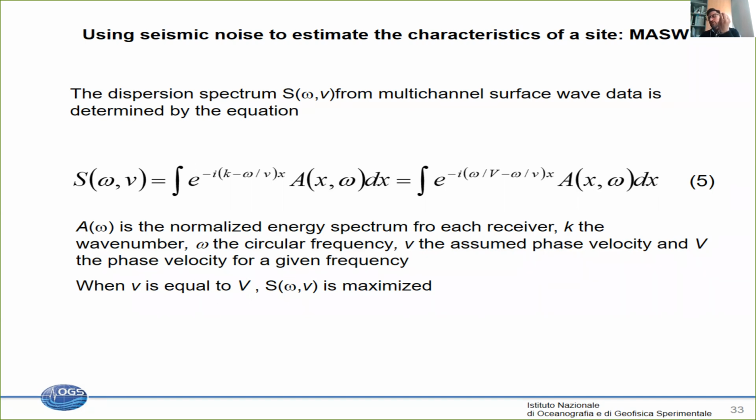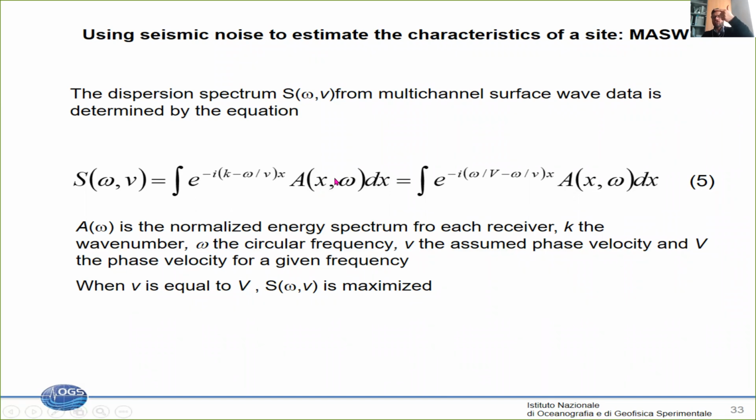of every geophone. So what I do, I take my data, this is A, which is nothing else but, imagine, for each position X, I put the Fourier transform of my signal that I recorded. So in the first position, of the first sensor, I will have the Fourier transform of the first recording.